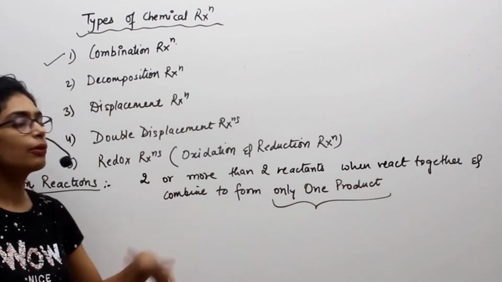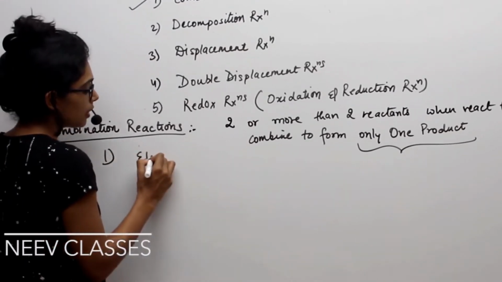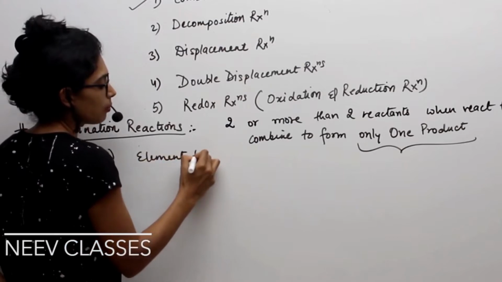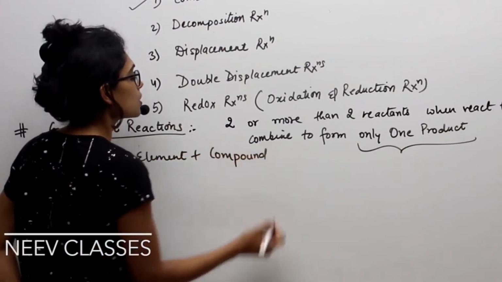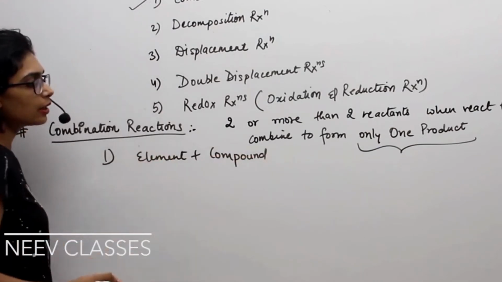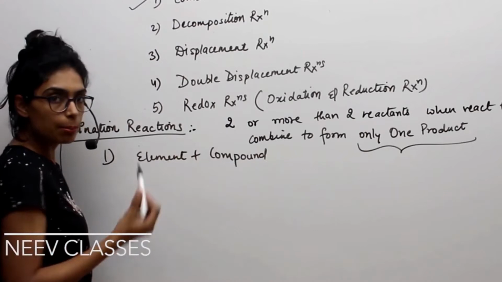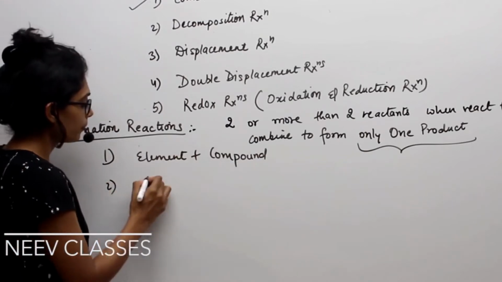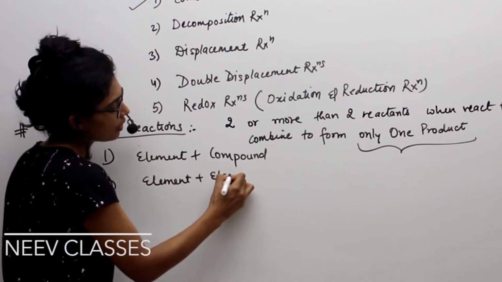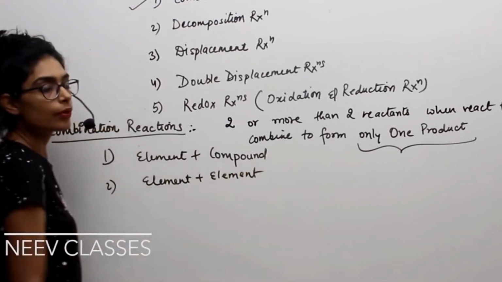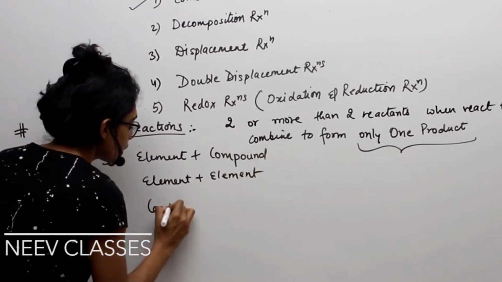So what all different types of reactants can we have? We can have a combination of element plus compound. Basically one is an element, the other is a compound which is reacting together. So this is the reactant combination I'm telling you. So either one element and one compound can react, or one element can react with another element, or one compound can react with another compound.